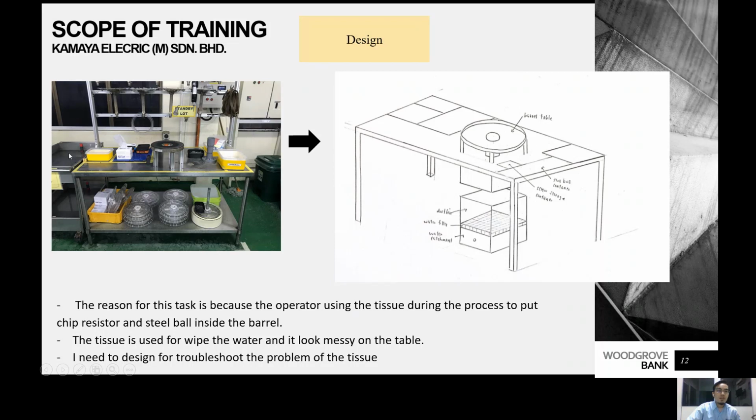The trolley has water. When the operator brings up the barrel, indirectly the water will fall on the table, and the operator will swipe the table using the tissue, and the table will look messy. This is my idea. We put a dustbin and water catchment.